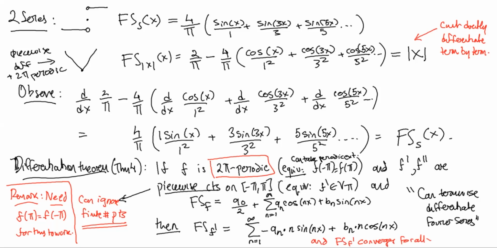Professor, I think you said that if you take the derivative of the Fourier series for a non-periodic function, you get garbage, correct? You may get garbage. By garbage I mean something that doesn't converge. For example, as an exercise, differentiate this term by term. Oh, I tried it and it looks like garbage.